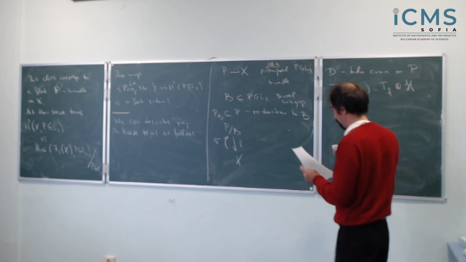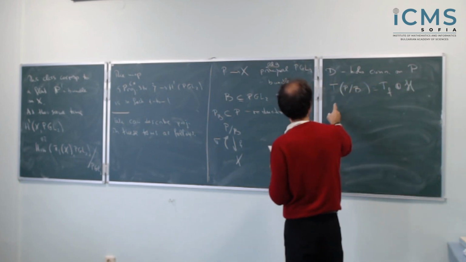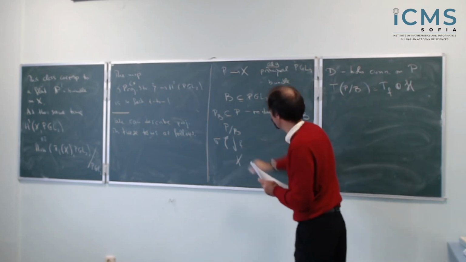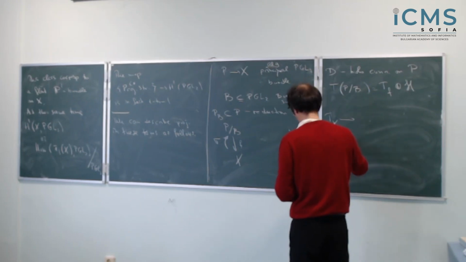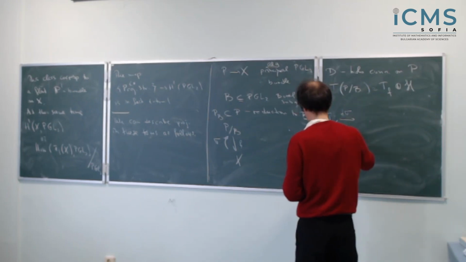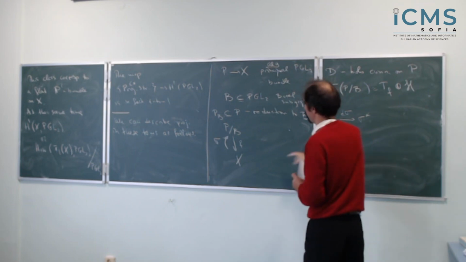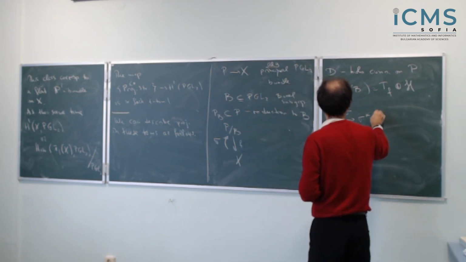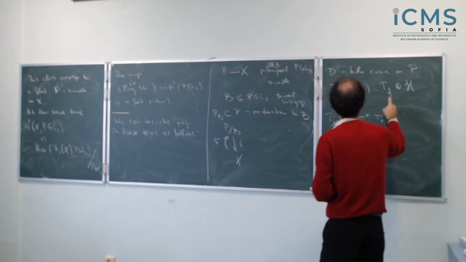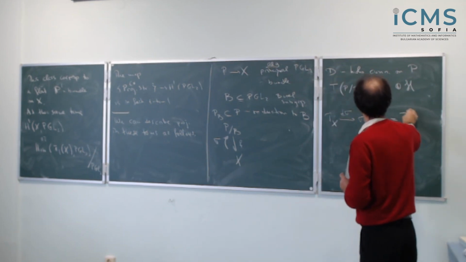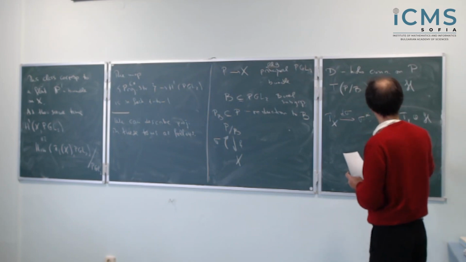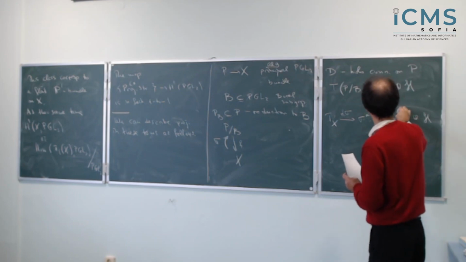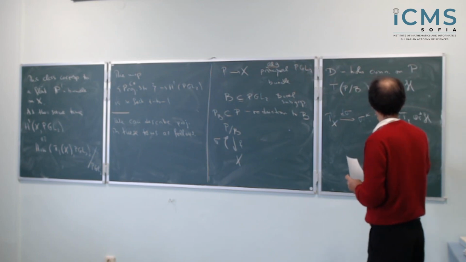So we can look at the differential of this section. So look at the map that takes T_X to T of P mod B, so this is d sigma. And so this breaks into two pieces, the vertical piece and the horizontal one, and then we project onto the vertical piece.